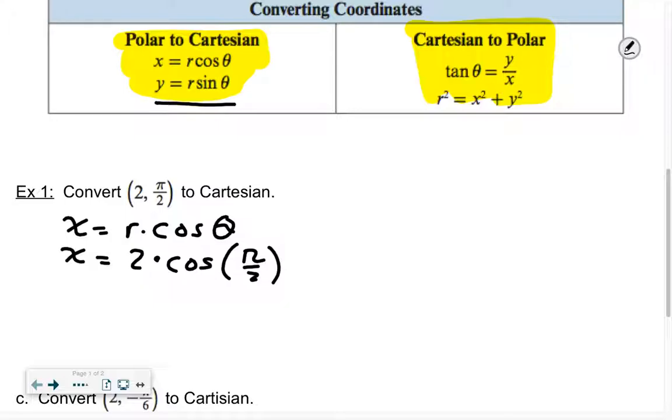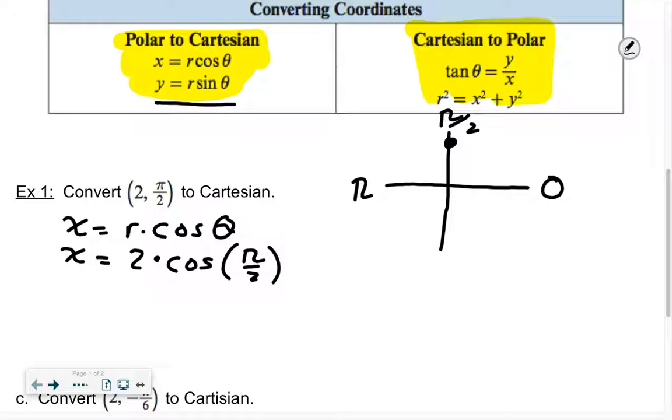Very good. Now if we make a quick sketch of this, pi over 2: here's 0, here's pi, there's your pi over 2. So we're essentially going straight north, right? And what's my distance? Well, distance is 2. Cosine is which variable, x or y?